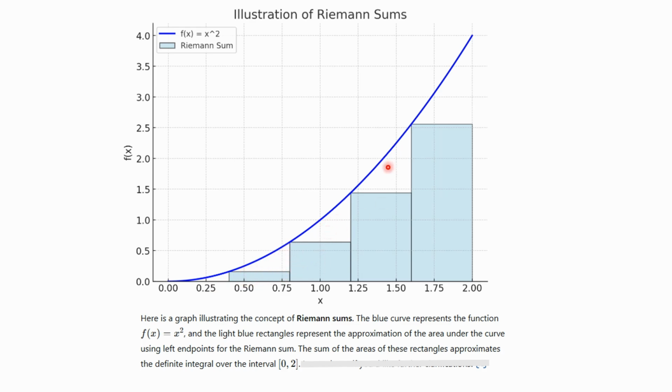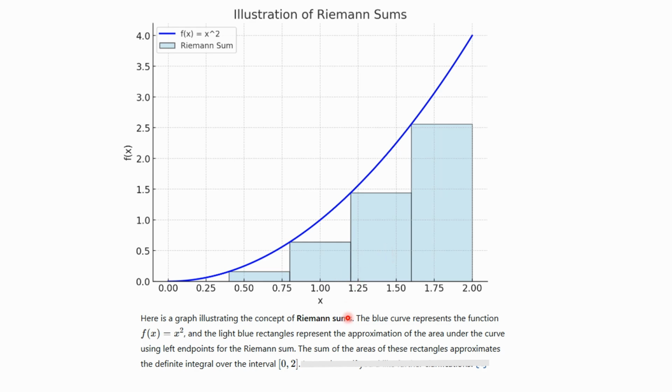Then these gaps get smaller and smaller, so the area I would be calculating gets more and more accurate. But you can't really physically draw an infinite number of these rectangles. But what this represents here is an approximation for the area under the curve. And the sum of those areas approximates what's known as a definite integral, and we'll talk more about that in a minute.